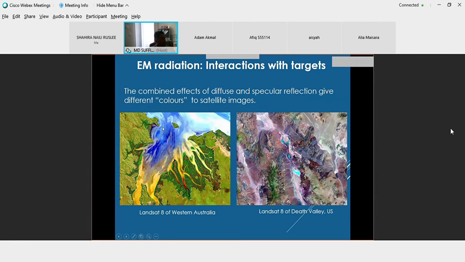Okay, this one is an example of diffuse radiation. The combined effect of diffuse and specular reflection give different colors. So kalau tengok kat sini, dia akan bagi different color. So mungkin ada setengah surface water, it will absorb different wavelength. So it will reflect different magnitude of wavelength.